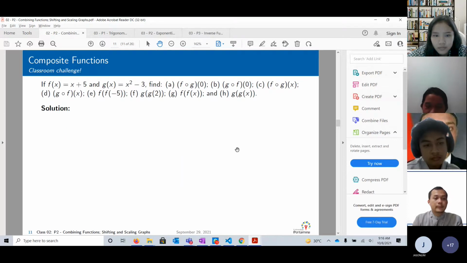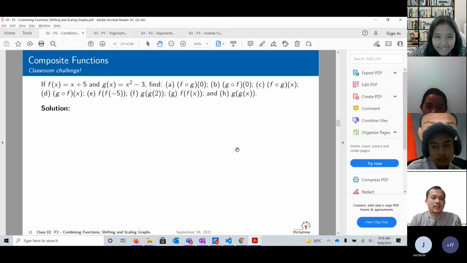Okay, challenge. If f of x is x plus 5 and g of x is x squared minus 3, what is f composed with g at 0?